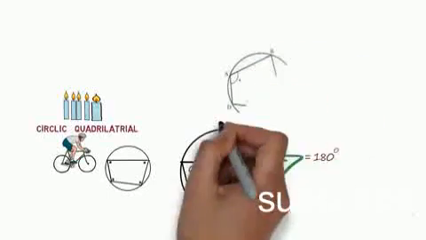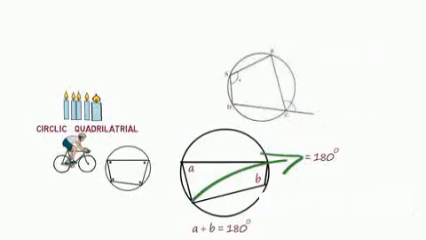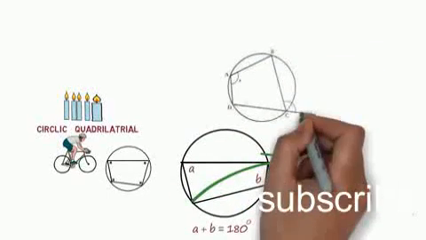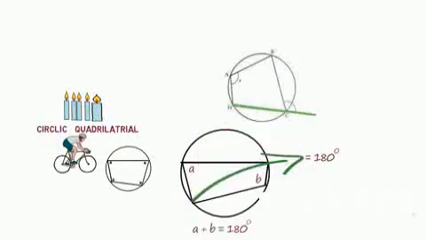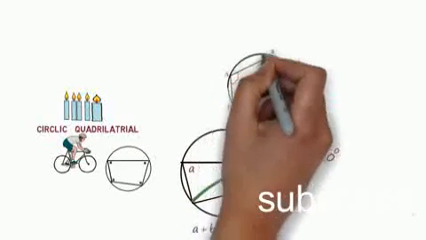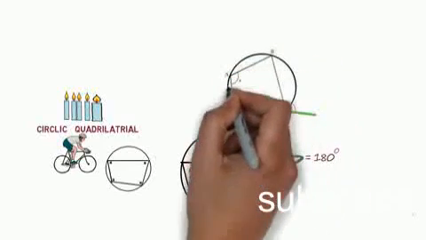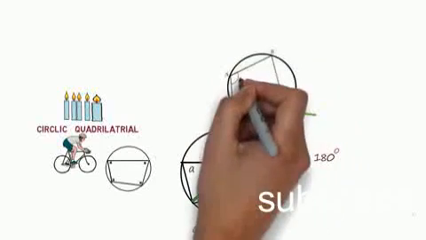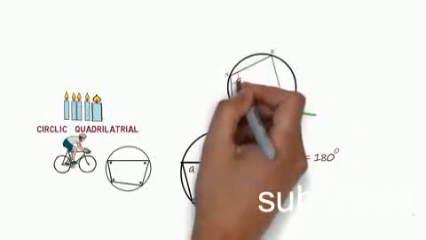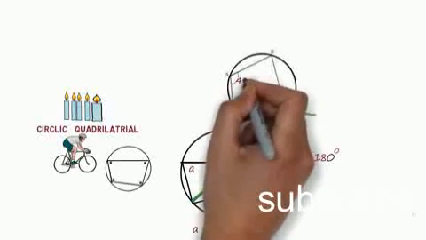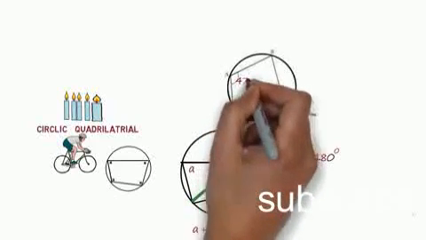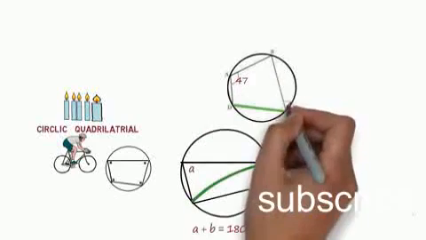We're moving on to commandment number 5. Also a cyclic. There's an aspect of a cyclic, but now we have exterior angles involved. Those angles that move outside the circle.